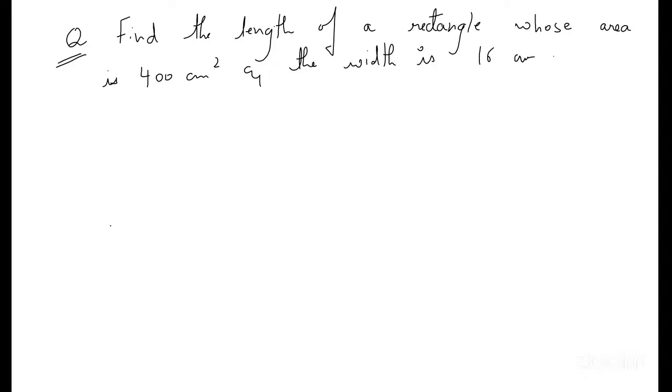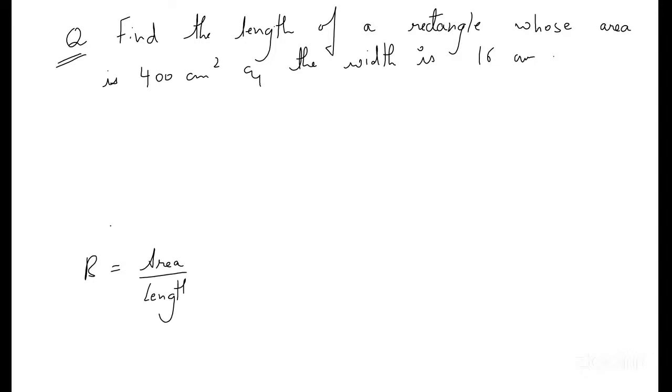Okay, so take a look at the question. When we have the area and the breadth is given, we have to find the length: we do area divided by breadth.